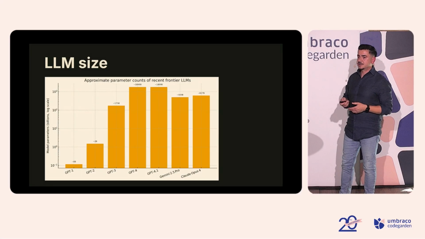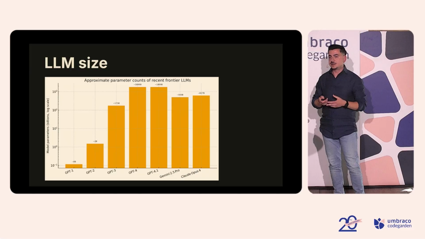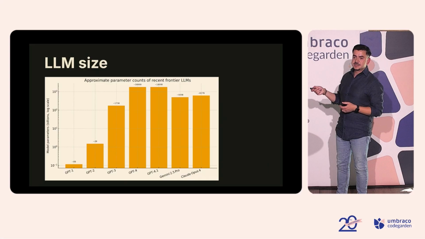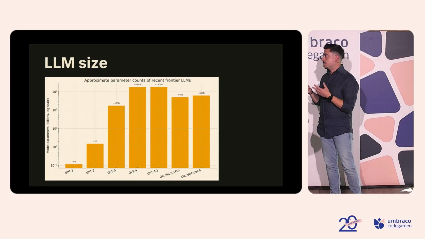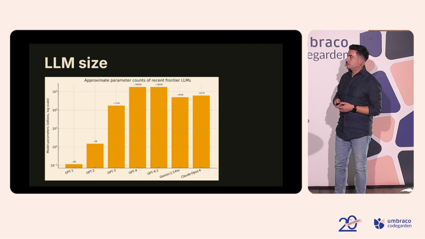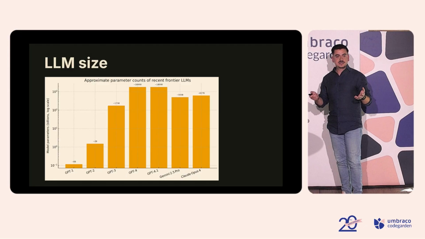So you can expect quite some knowledge for different kinds of queries from a large model like GPT 4.1. And these are estimations. They are not certain because they are not publicly published. It's estimated that GPT 4.1 has over 1.8 trillion parameters, which is almost impossible to run on your own device.